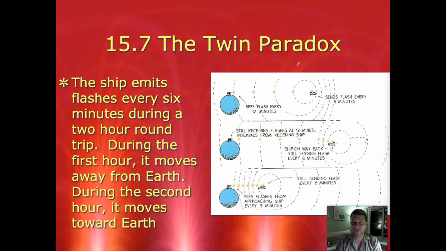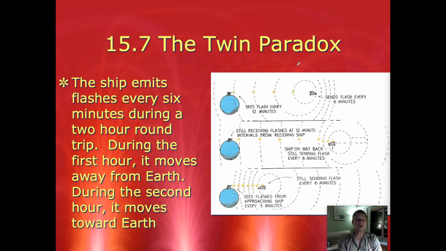You follow that? As the ship moves away from the Earth, the observer will see 10 flashes 12 minutes apart. And as the ship moves toward the Earth, the observer will see 10 flashes 3 minutes apart.